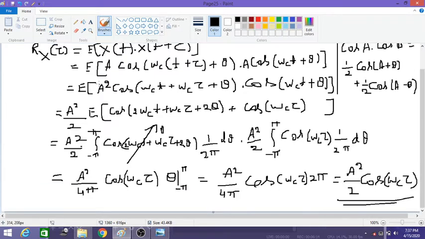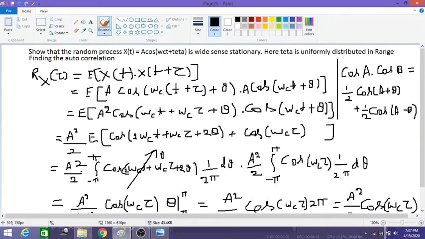Now again we apply the formula of cos a into cos b, that is equal to half of cos a plus b plus half cos a minus b.